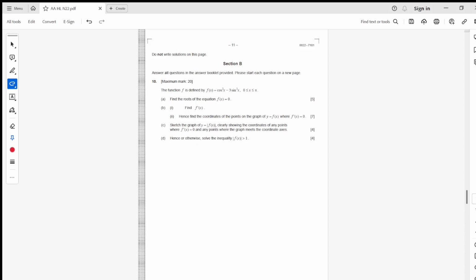So first of all, we need to find the roots of the equation. Let's begin and use from this point a kind of modified equation, because we can say that cosine x squared is just 1 minus sine x squared. And what we will get is simply 1 minus 4 sine x squared is equal to 0.